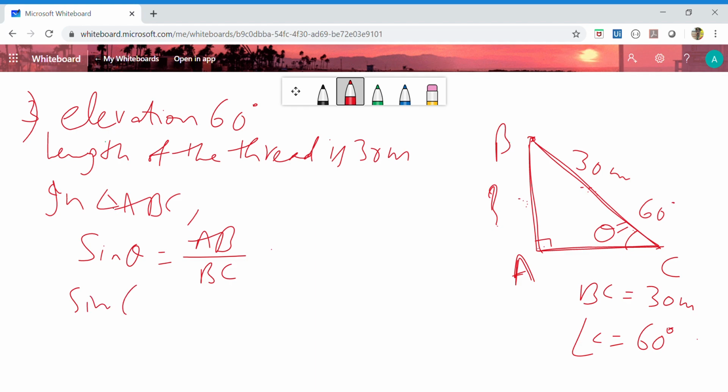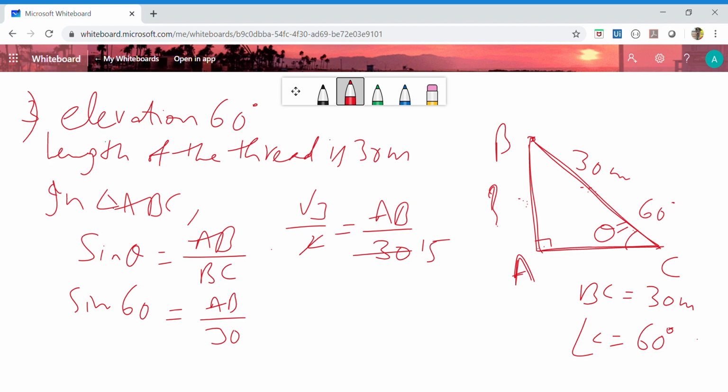So sine 60 is equal to AB, which we have to find out, by BC, which is given as 30. Sine 60 is root 3 by 2 is equal to AB by 30. 2 gets cancelled with 30, giving 15, and do the cross multiplication. AB is equal to 15 root 3 meters.